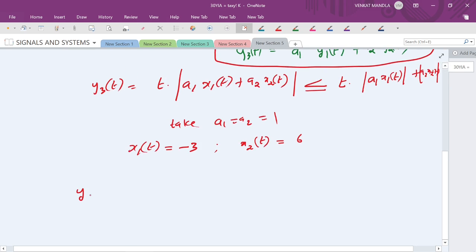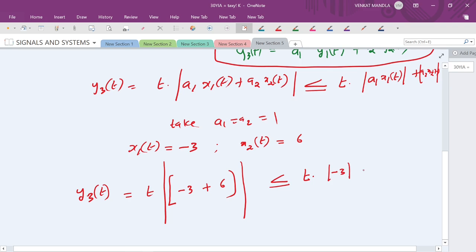So y3(t) equals t into mod of a1 is 1, x1(t) is minus 3, plus a2 is 1, x2(t) is 6, right? This whole mod is less than or equal to t into a1 is 1, mod x1(t) is minus 3, plus a2 is 1, mod x2(t) is 6.